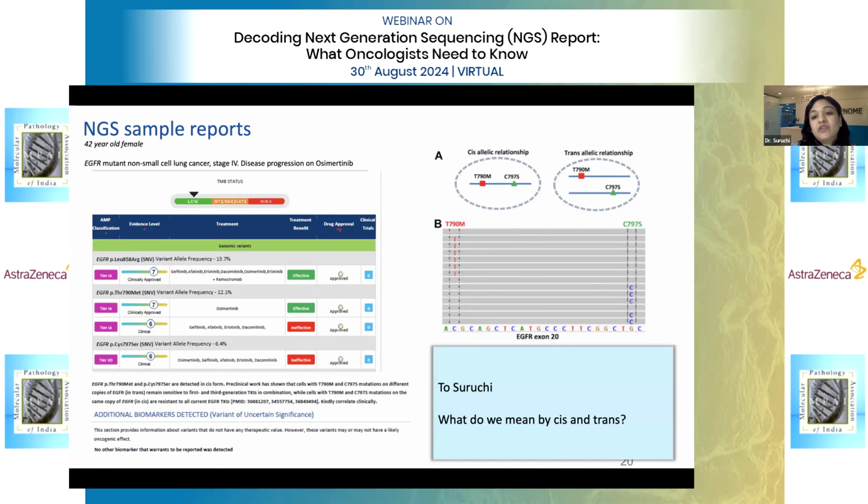So this gives us the information whether there are two clones, one having T790M and one having C797S, or there is a single clone having both the resistance mutations together. So depending on that, the choice of tyrosine kinase inhibitors differs in the resistance settings.